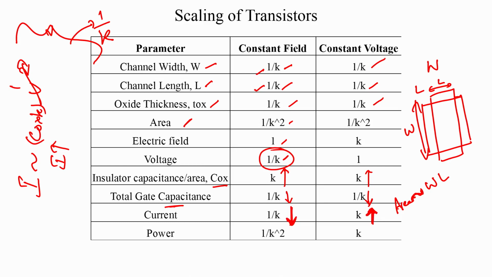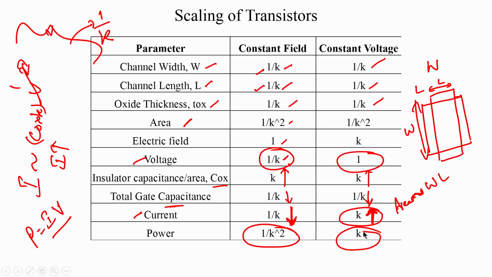And what about power consumption? Power is nothing but your current into voltage, IV. Since the voltage is reduced by a factor of K in constant field scaling and the current is reduced by a factor of K, the power reduces by a factor of K square. Whereas in the case of constant voltage scaling the current increased by a factor of K, the voltage remained invariant, and therefore, the product scales up by a factor of K. So, here the power increases, here the power comes down.